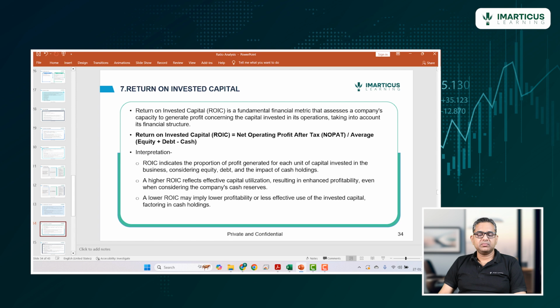So when we are doing a detailed ratio analysis, profitability analysis, return analysis, then we should look at multiple ratios such as these, and then we can get a very clear picture of where this company stands as compared to its competitors.